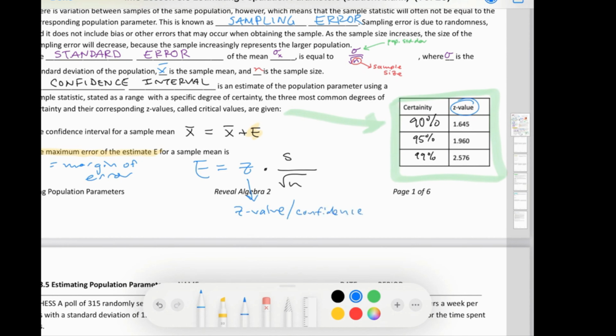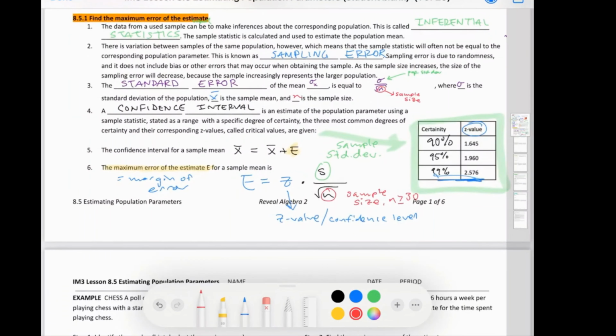So if I said you have a confidence level of 99%, then you would use 2.576. s represents the standard deviation of a sample, so sample standard deviation. And n is the sample size, like how many people, how many pieces of candy. You might want to check for this condition: n is greater than or equal to 30. You want to make sure that you're getting one larger than 30.